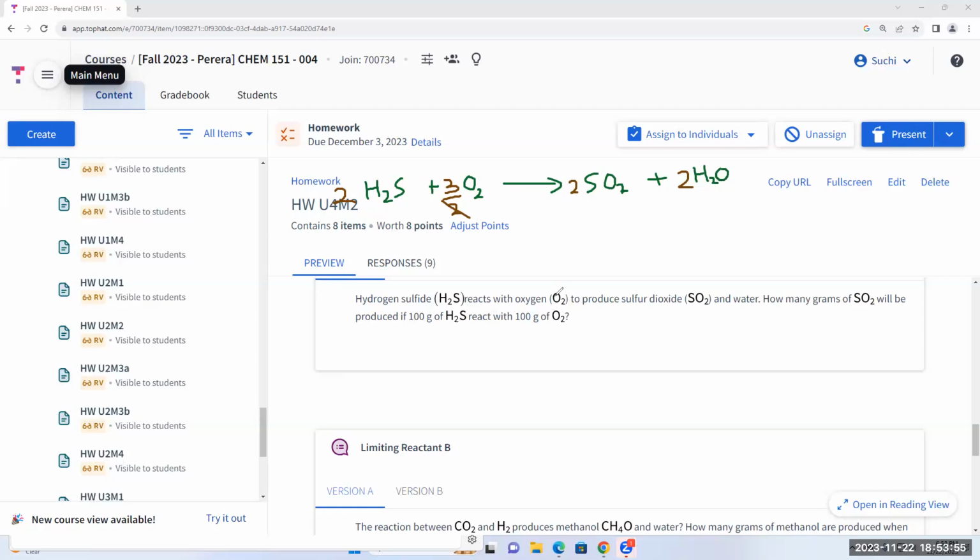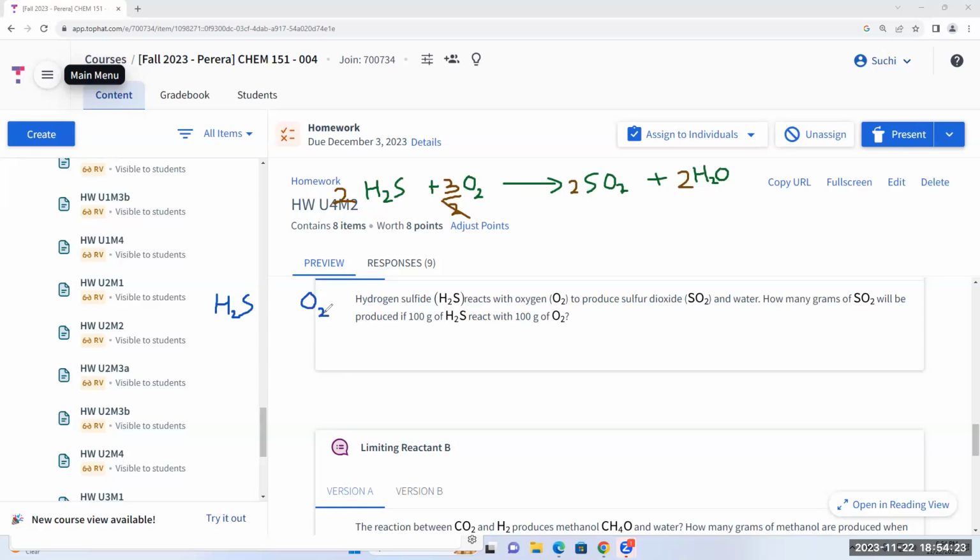Let's make this the last question from Unit 4 Module 2. When you tackle this problem, the first thing is to determine the limiting reactant. I feel like I should switch to my notebook, but I'm going to try to do this here because it's easier to see now. Based on the balanced chemical reaction, I'm going to write H2S and O2.